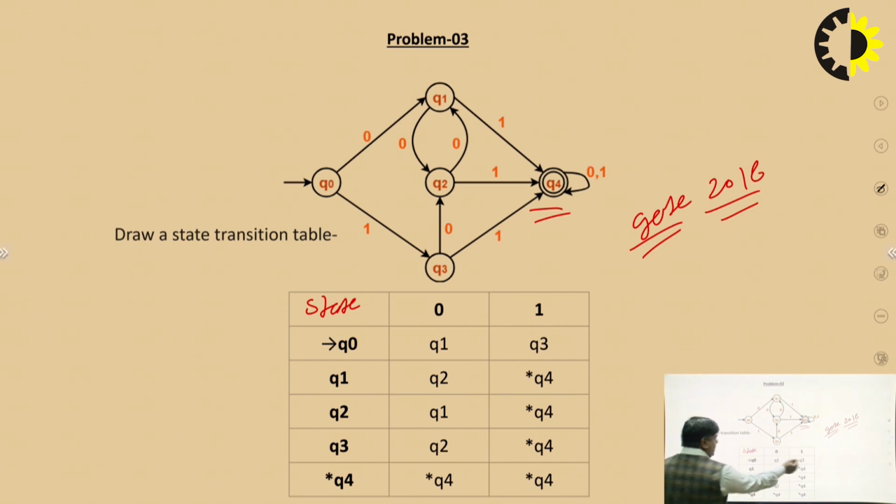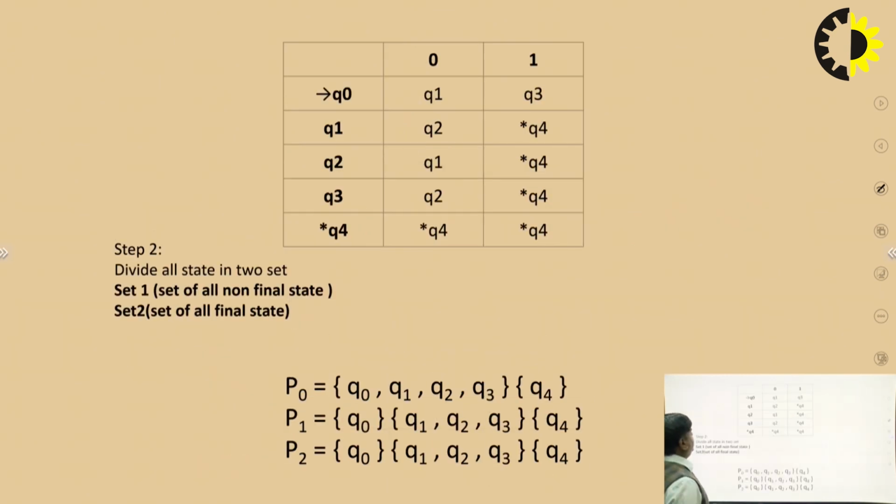Okay, now this transition table I have already explained. Now what is step 2? All states are divided into 2 sets, the set of all non-final states and the set of final states.